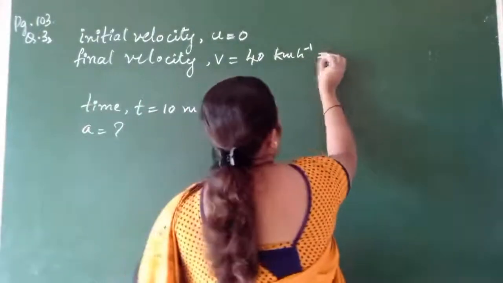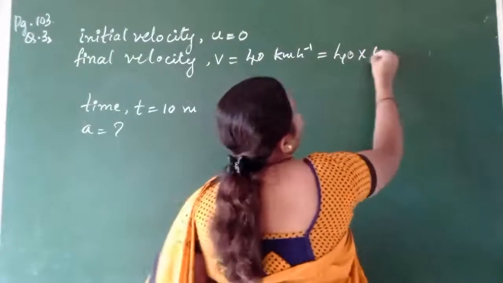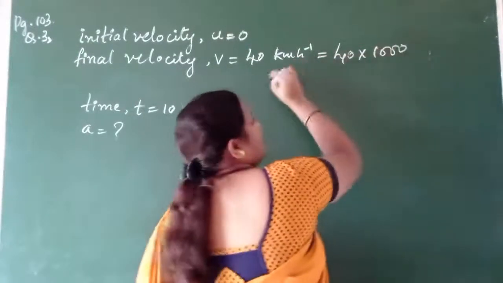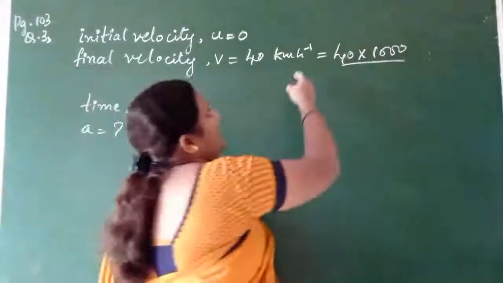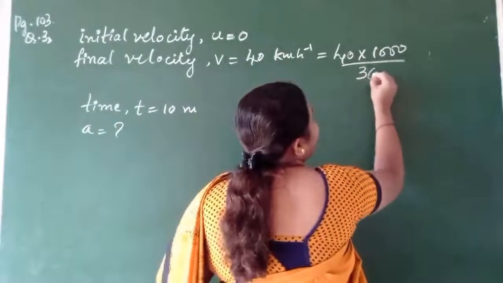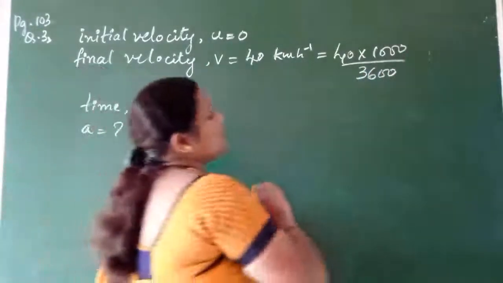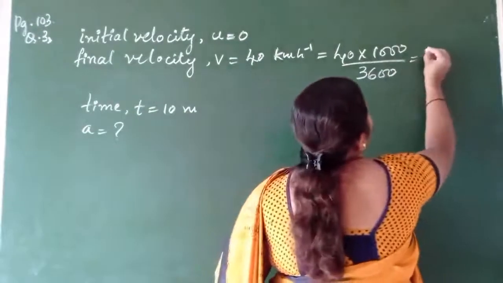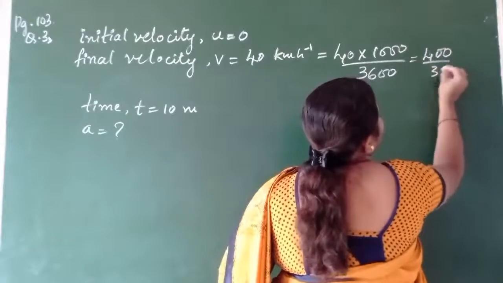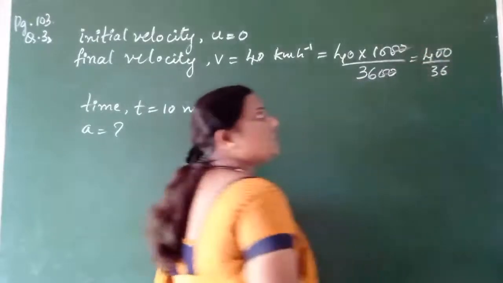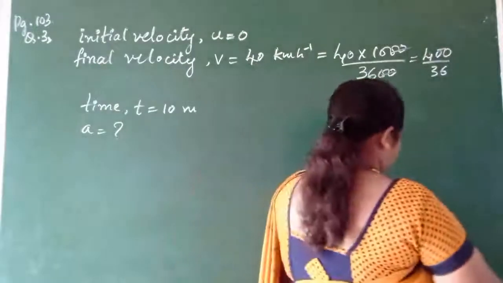So how will we write, children, how do we convert? 40 into 1000, because kilometer has got converted into meter. Then 1 hour contains 3600 seconds, isn't it? So what is left? 40, that is 400 divided by 36. Zeros get cancelled. What is left? That is 400 divided by 36.